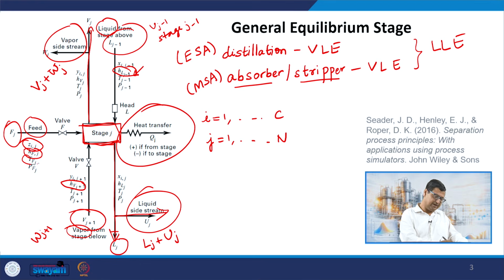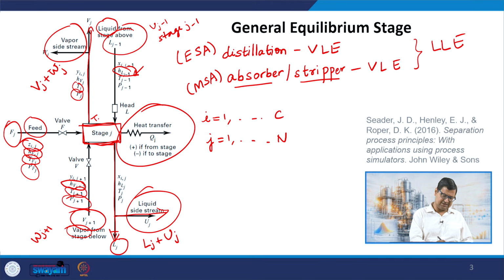In addition, we can define the temperature and pressure for every stream, right. And since the vapor and liquid are in equilibrium, I do not differentiate between the liquid temperature and vapor temperature. So, for stage J, the temperature is, let us say, Tj and pressure is Pj, and the same temperature is for both the liquid stream and the vapor stream, right.